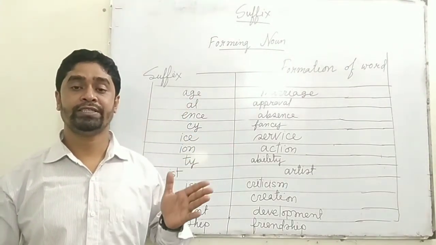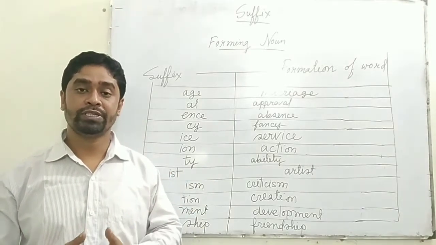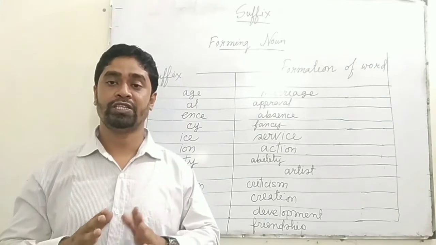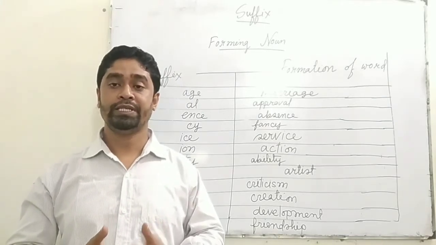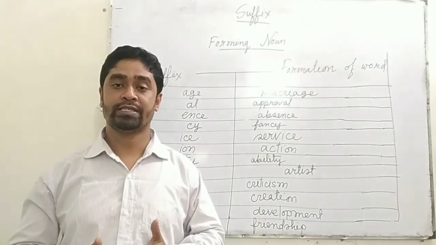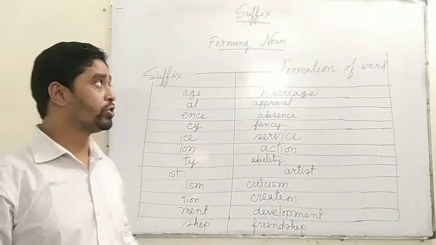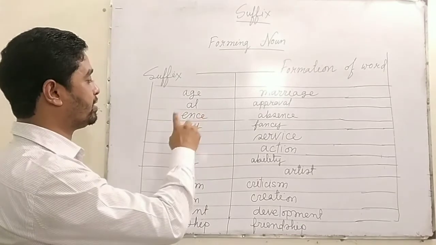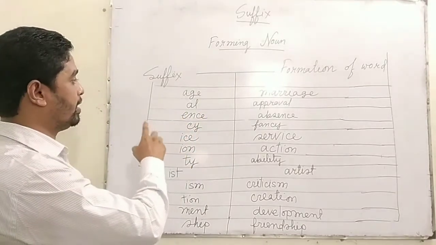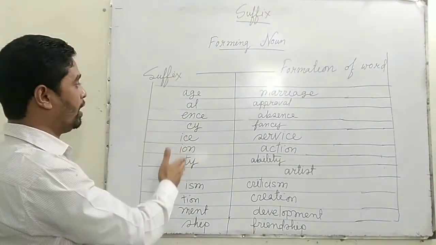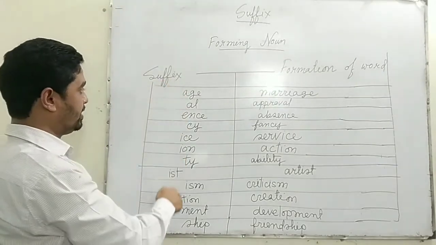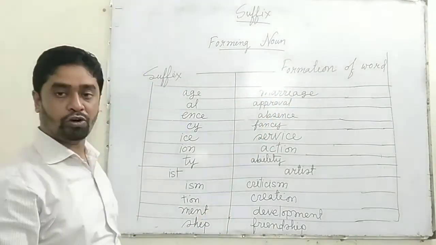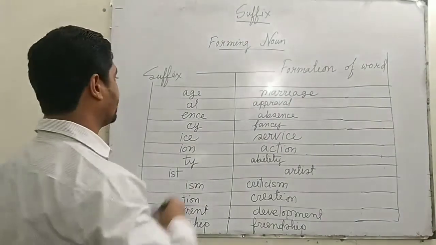Here we find some important suffixes which make noun forms. Please, dear students, look at the board. On the board we find a chart that has two columns. One is suffix, another is formation of word.